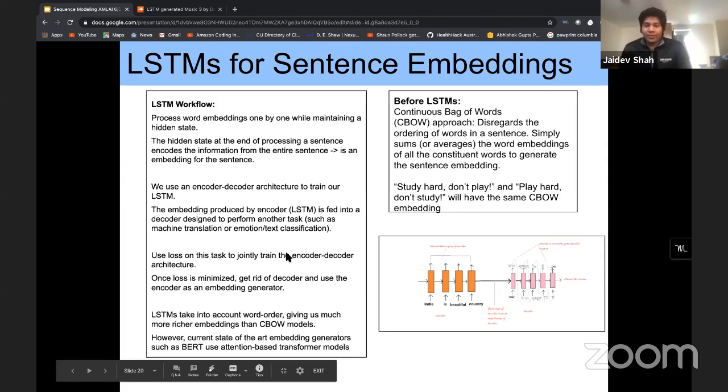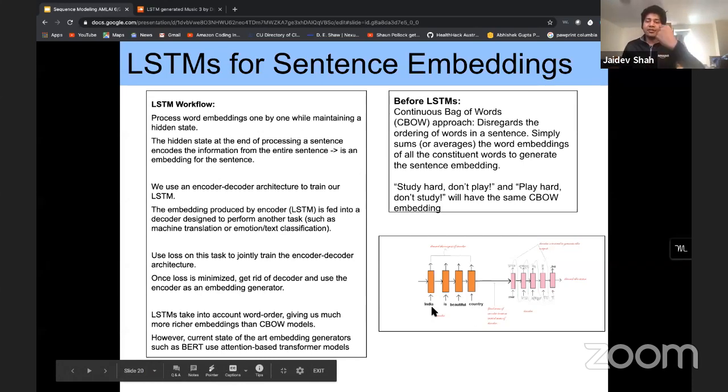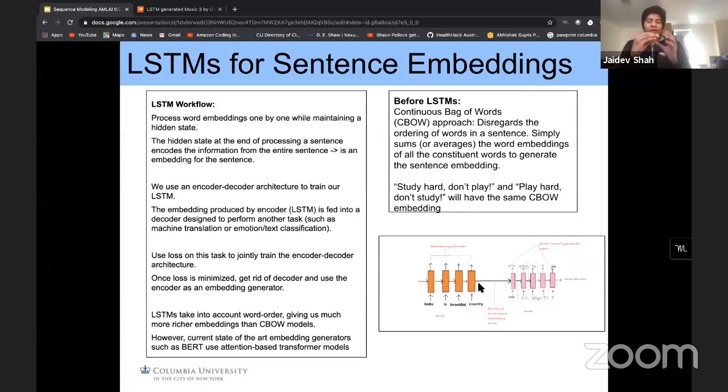As I discussed before, over time we're propagating this hidden state. This hidden state is getting updated as it sees these new words, as it sees India, is, beautiful, country. At the end, after country, this hidden state has been updated to a vector that represents the entire sequence of words before it.